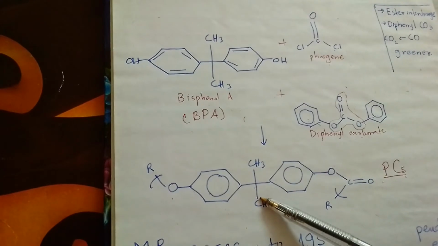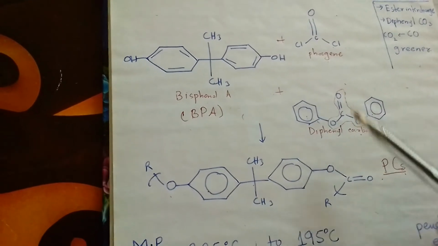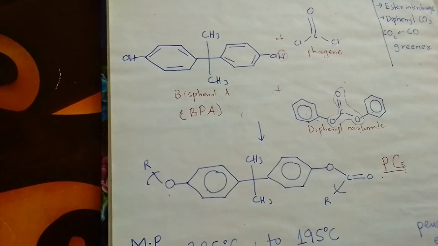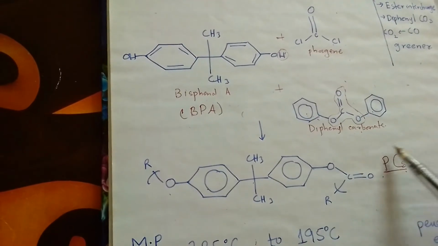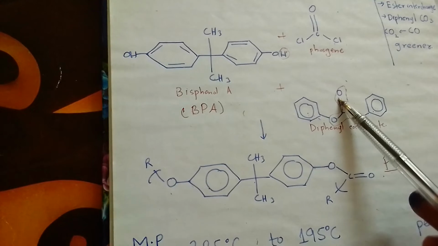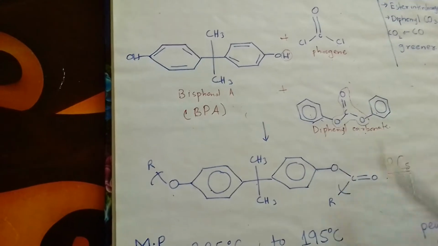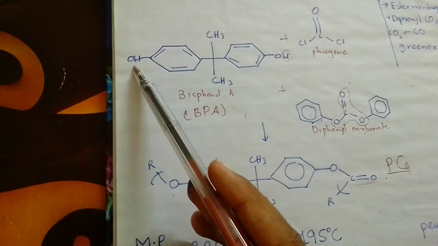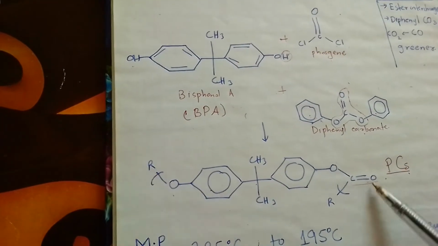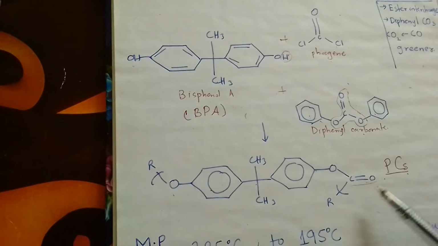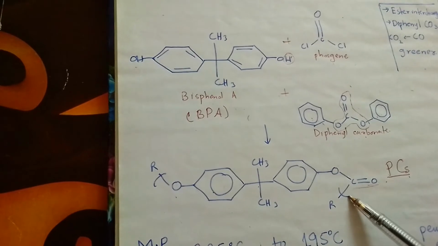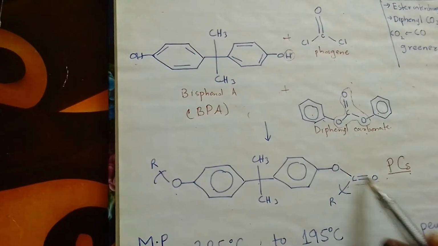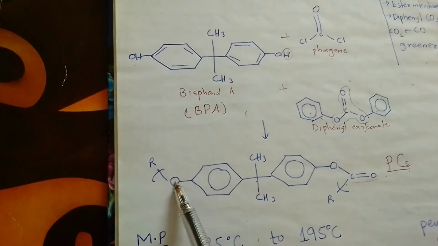So basically what's happening here, can you see this hydrogen has been replaced with a C double bond O there, and the other hydrogen has also been replaced, and this chain will continue in the same way, but we just need up to here, and we can see COO, and there is one more O.